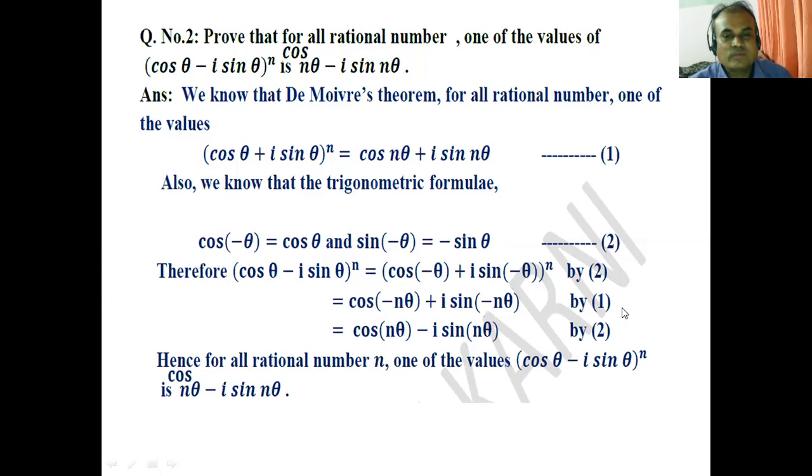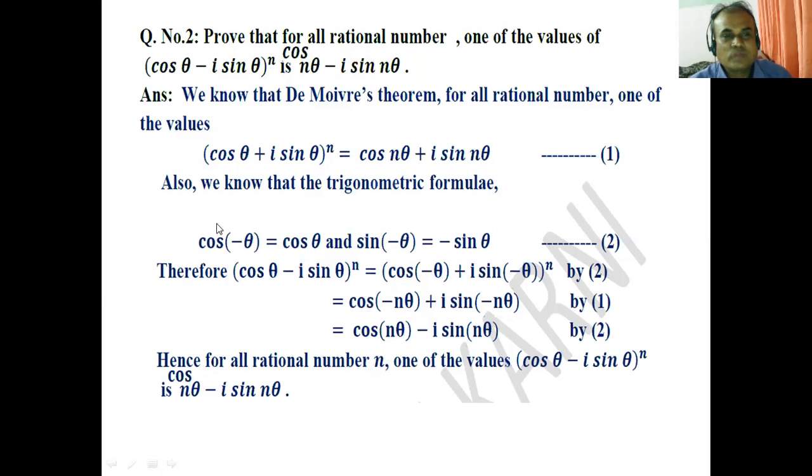And therefore again we use the trigonometric formula: cos of minus n theta is equal to cos n theta, and i sine of minus n theta is equal to minus i sine of n theta, by equation 2. And hence, for all rational numbers n, one of the values, we get the result of the RHS.